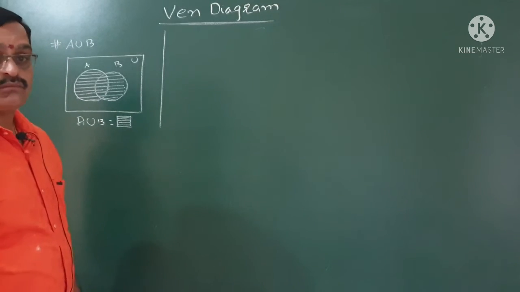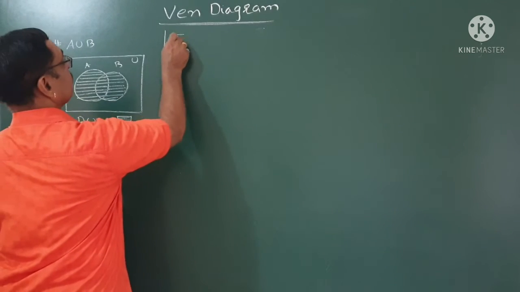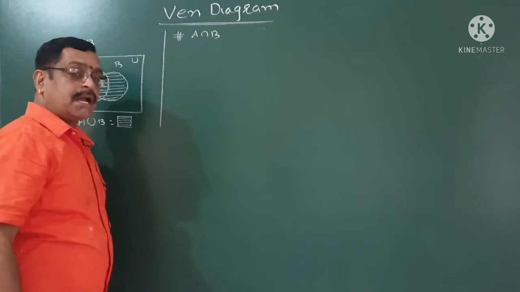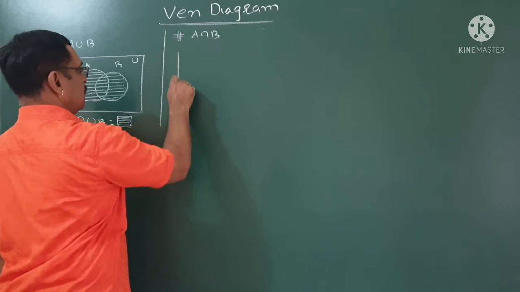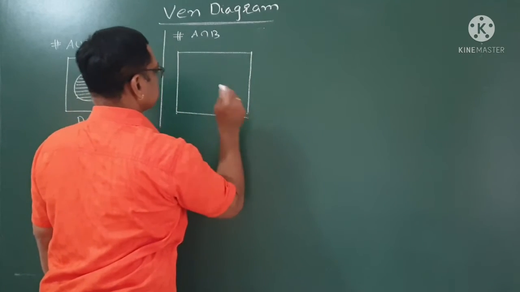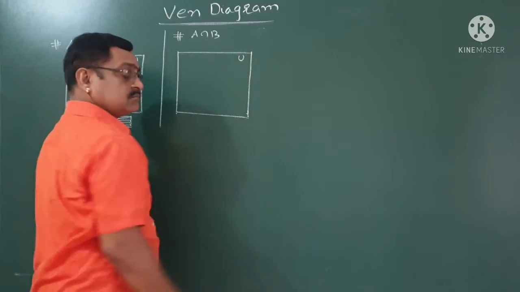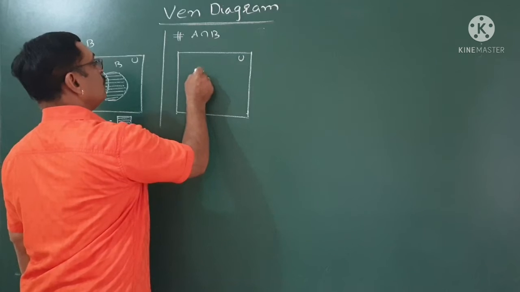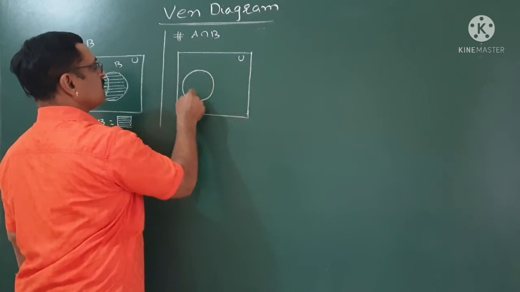Number two, A intersection B. As usual, draw a rectangle. This is U. Just simply draw two overlapping circles.